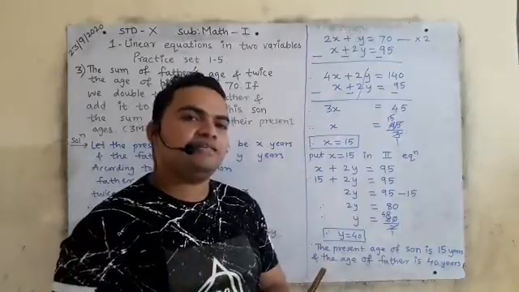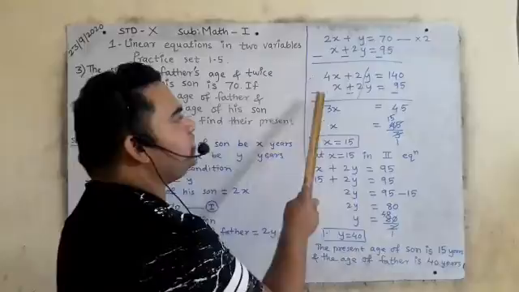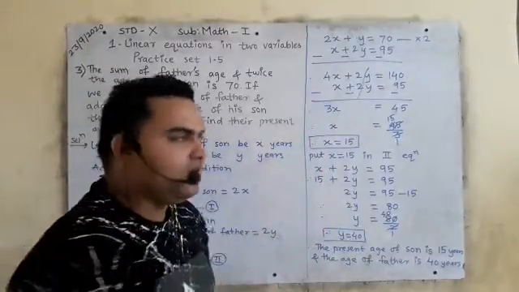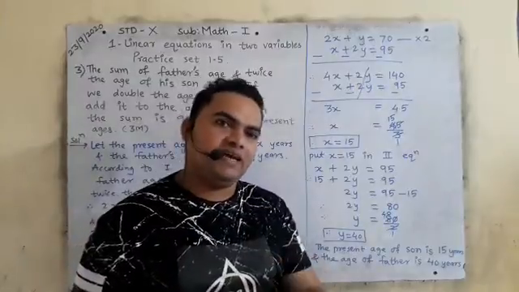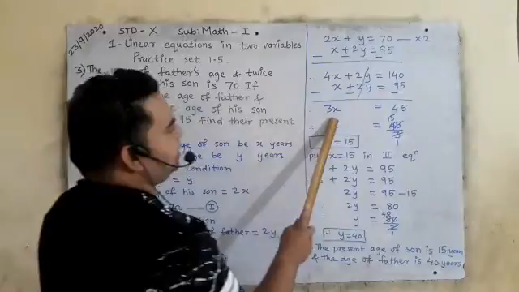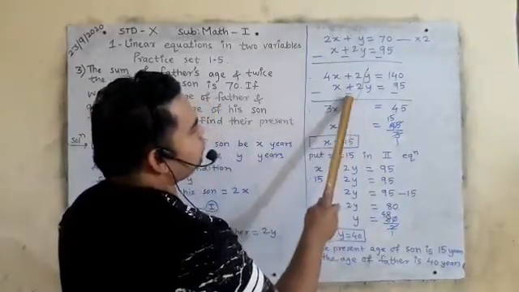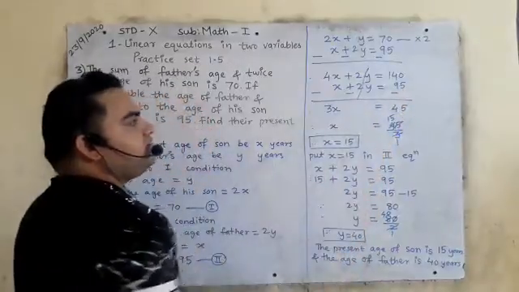Whenever in simultaneous equations you get same signs, you will do subtraction only. Is it clear? When the signs are the same, plus plus or minus minus, you will do minus only. So 4x minus x is 3x. Plus 2y minus 2y is 0. 140 minus 95 is 45.